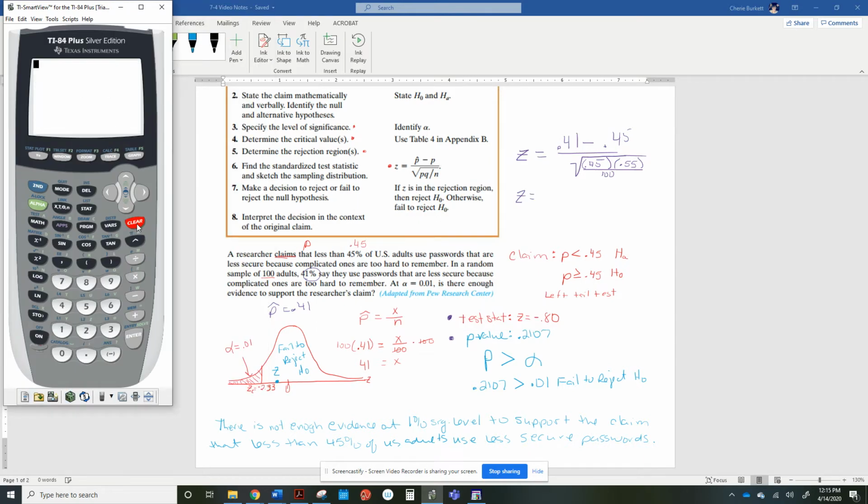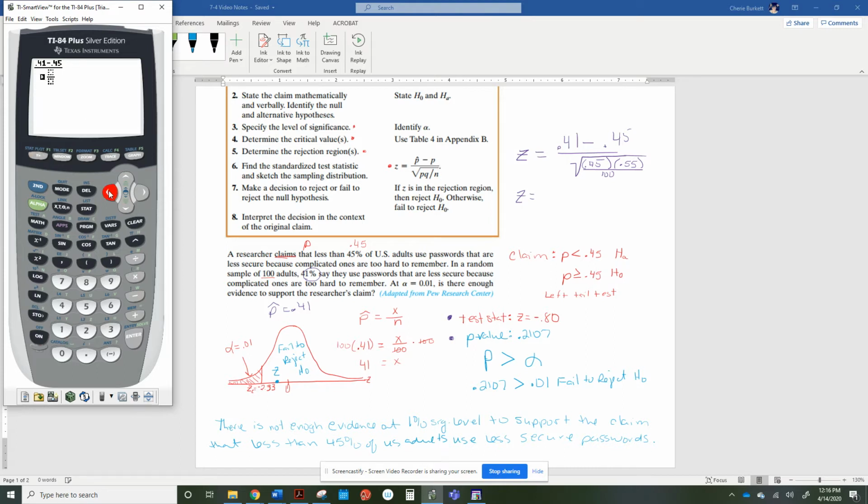Okay, so I just want to do a fraction bar. That's the easiest thing to do. Fraction bar, and I'm going to do 0.41 minus 0.45. And then on bottom, I want to do another fraction bar.